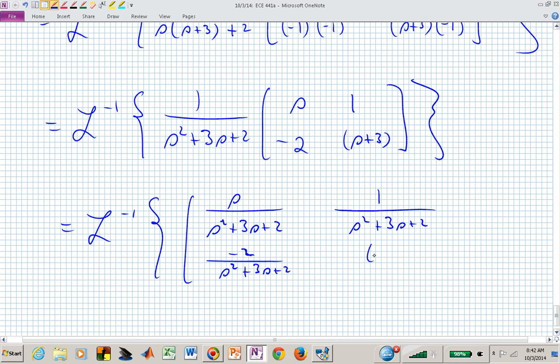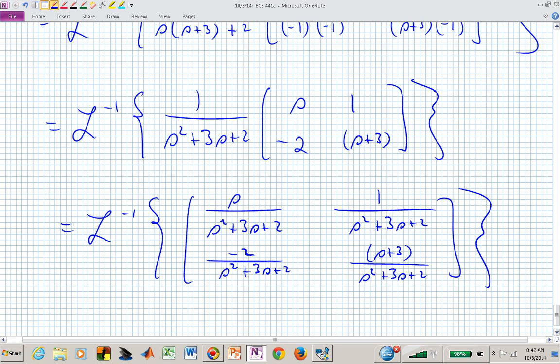And the 2, 2 entry, I have that. Questions on that? That's now the SI minus A inverse matrix. We now need to inverse Laplace transform each of the 4 elements in that matrix.